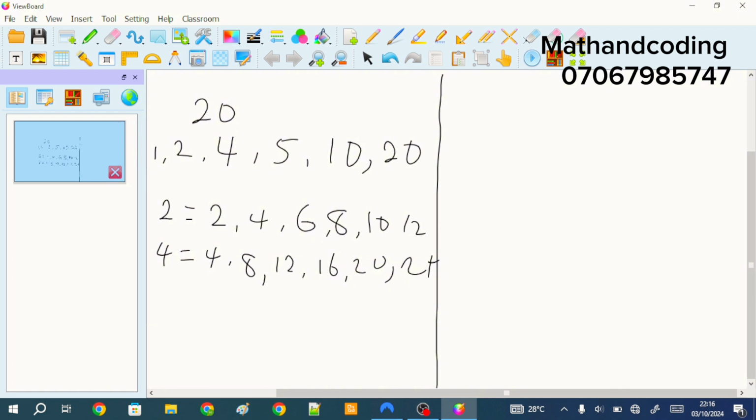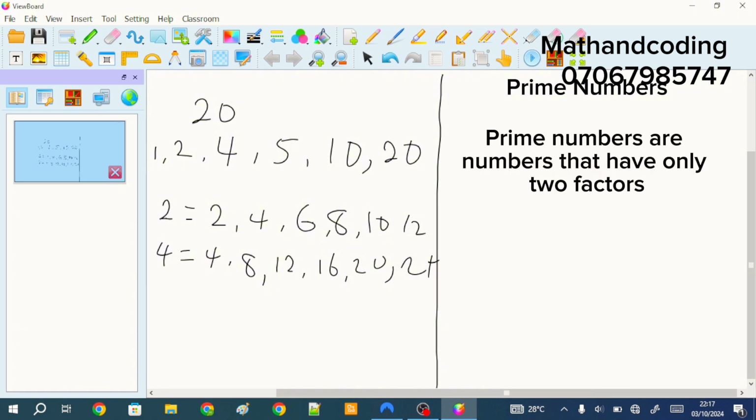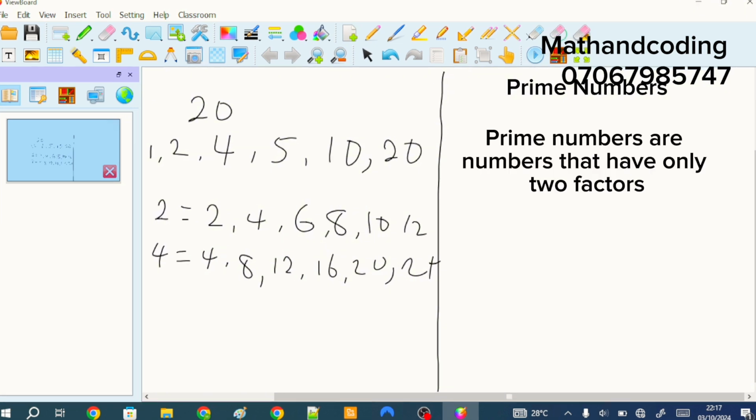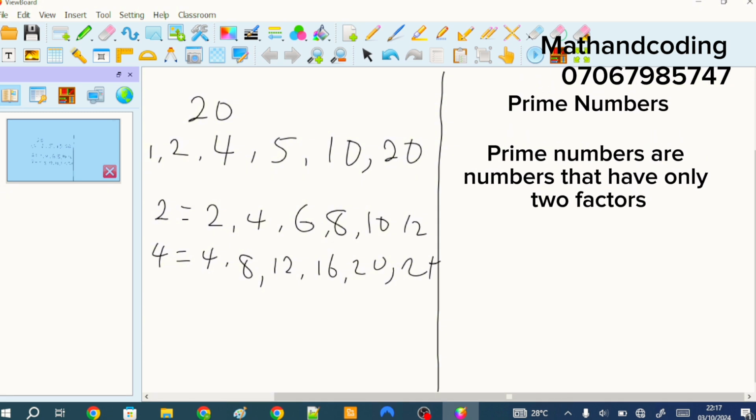So the next thing that we need to look at is prime numbers. What are prime numbers? A prime number is a number that has only 2 factors. Remember, we talked about factors a few moments ago. Factors are numbers that can divide another number without a remainder.